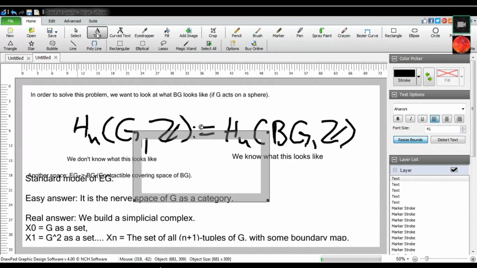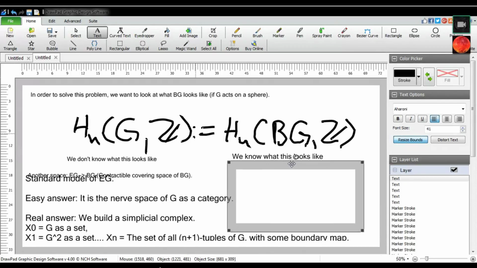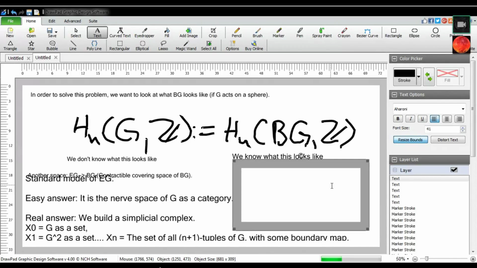Now, what does BG look like from EG? BG is just EG divided by the G action. What does this mean? We just glue together all points that look something like this.